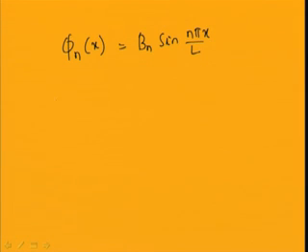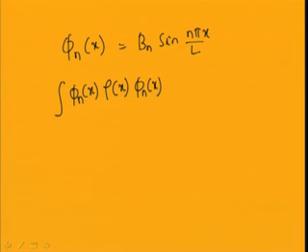You can write the nth mode amplitude as the integral from 0 to L of phi n x into rho x into phi n x dx, and this should be equal to 1.